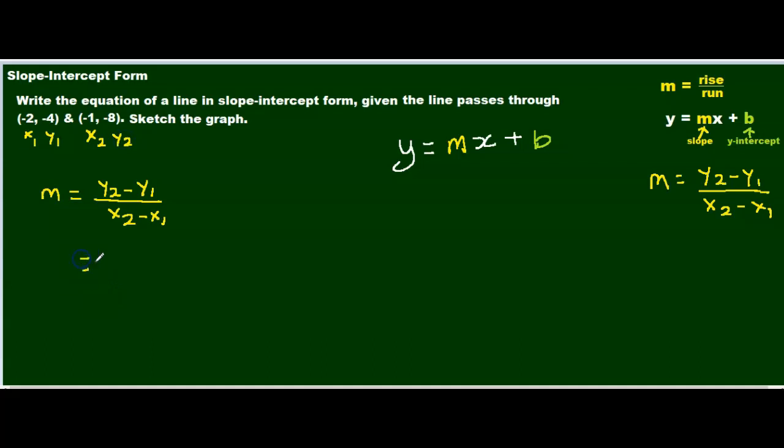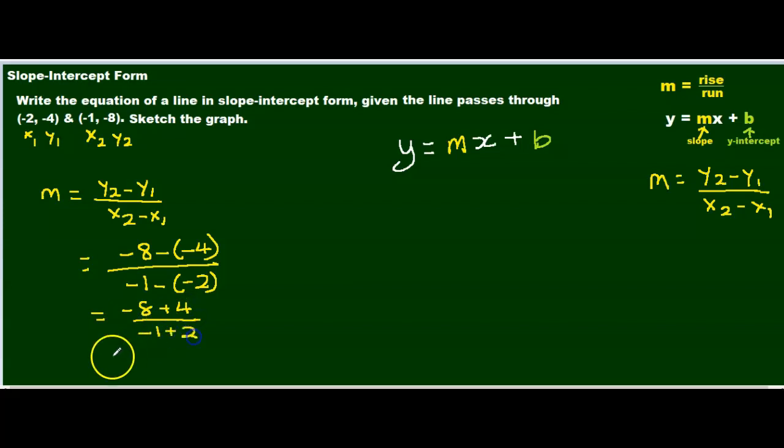So I'm going to substitute that. So my y2 is negative 8 minus y1, which is a negative 4, over x2, which is negative 1, minus x1, which is negative 2. Double negative, so I have negative 8 plus 4 over negative 1 plus 2, which gives me negative 4 over 1, which gives me negative 4.